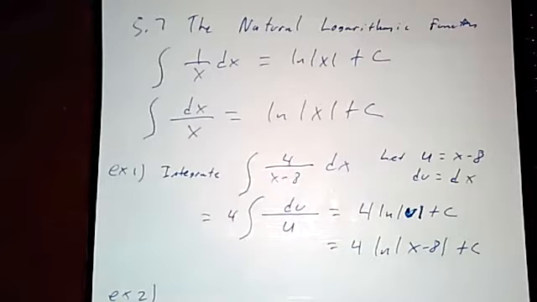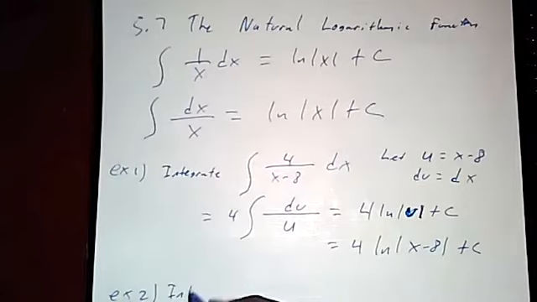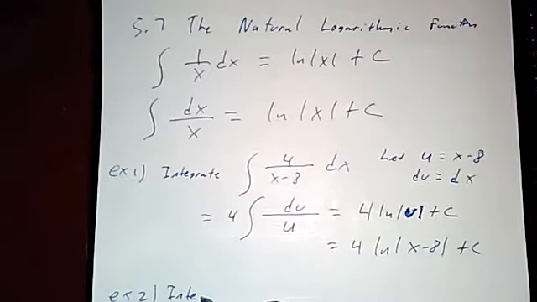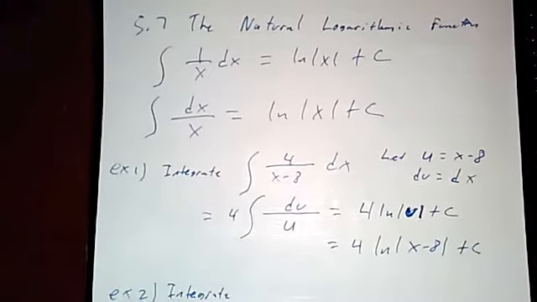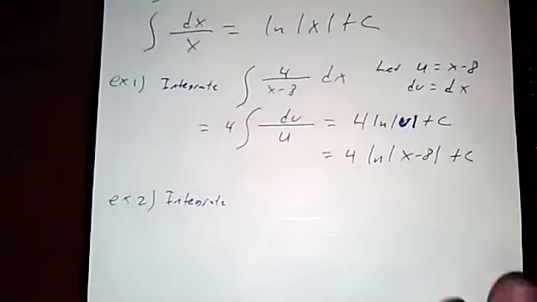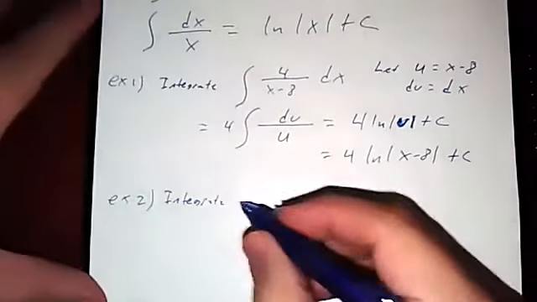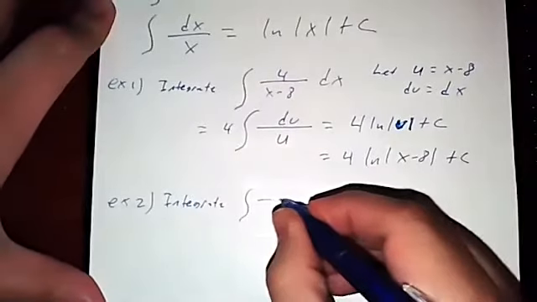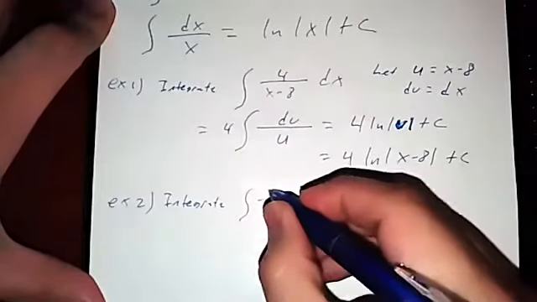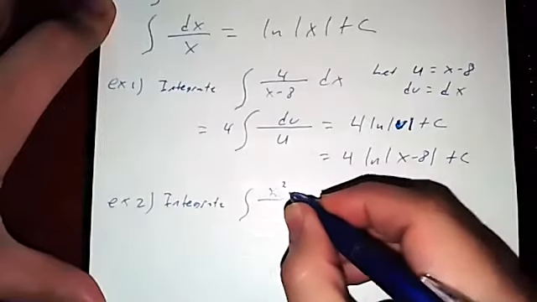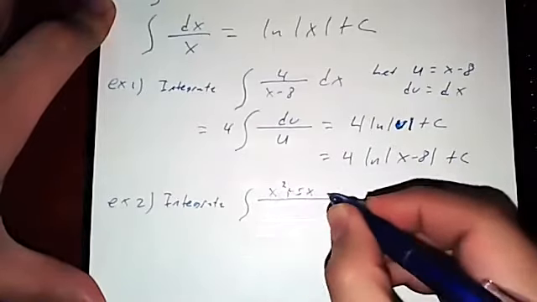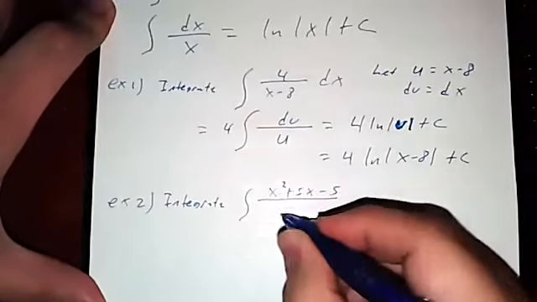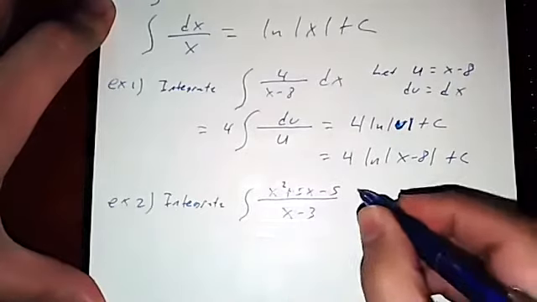Okay. This guy will require a little bit of algebra. Okay, let's try to make it write a little neater. X squared plus 5x minus 5 over x minus 3 dx.